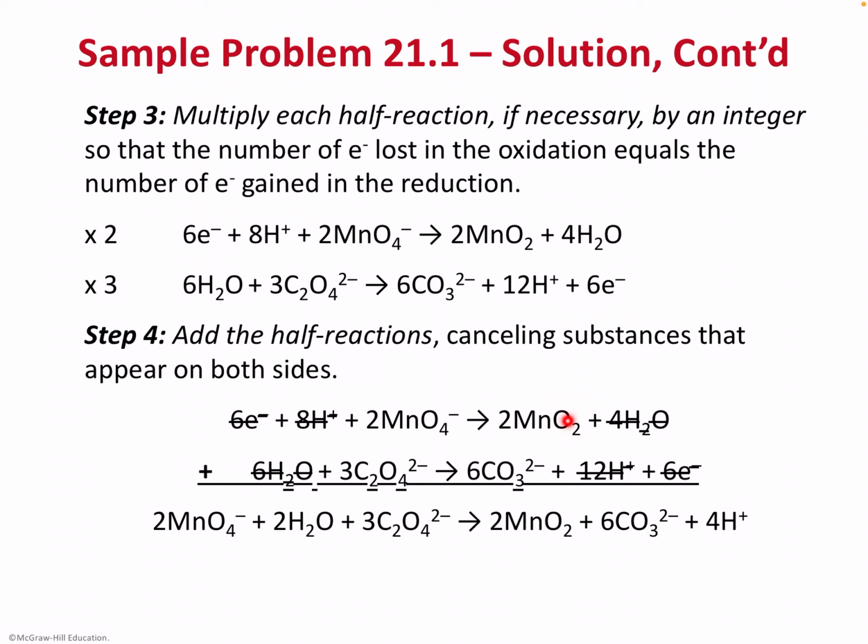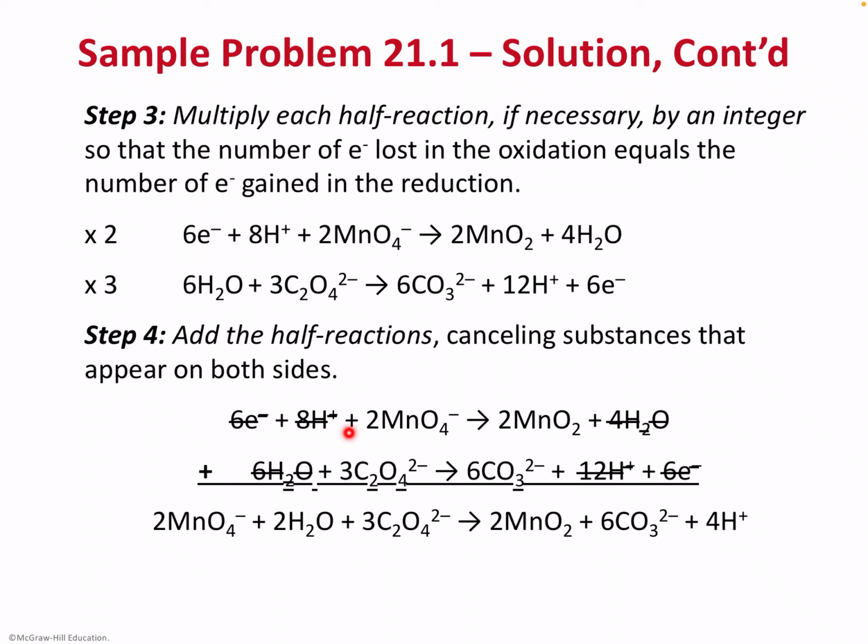And then you add the 2 and cancel the electrons. If you have any hydrogen ions and water molecules on the reactant and product sides, we can cancel and subtract or add as needed. So 6 electrons cancelled. 8 H plus on the left, 12 H plus on the right.